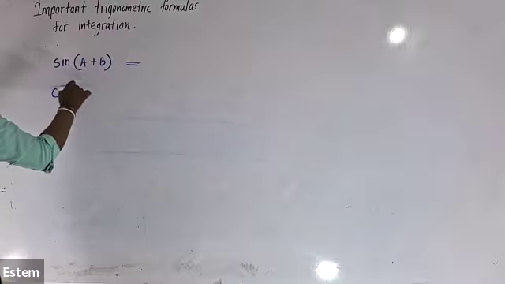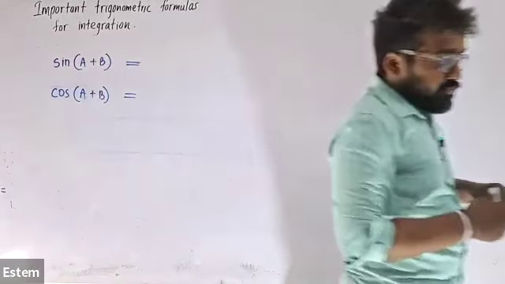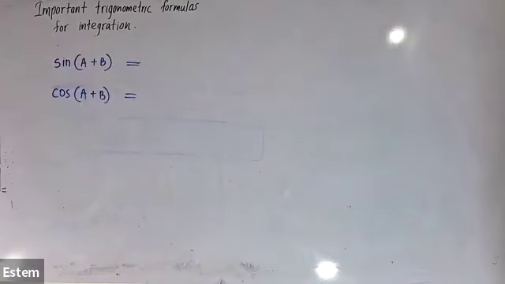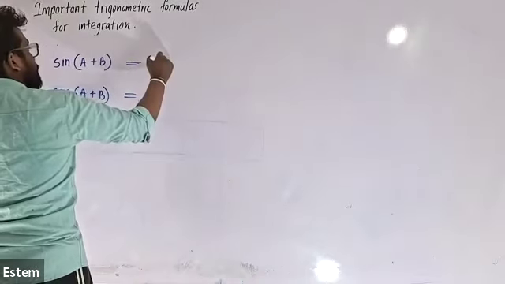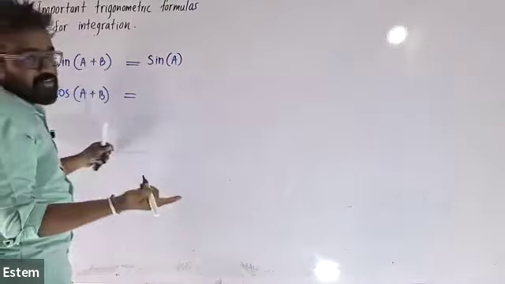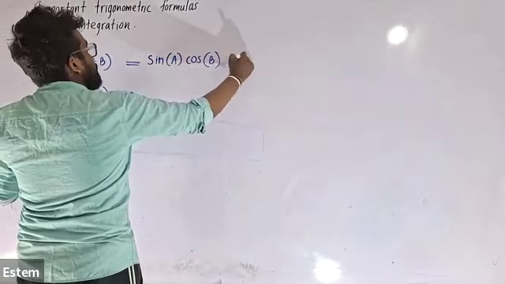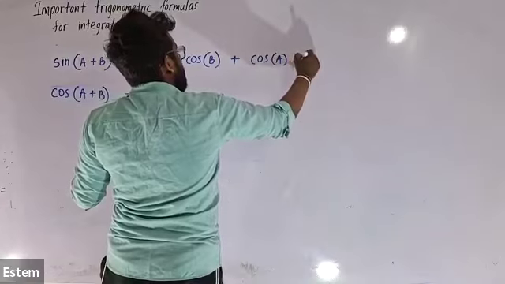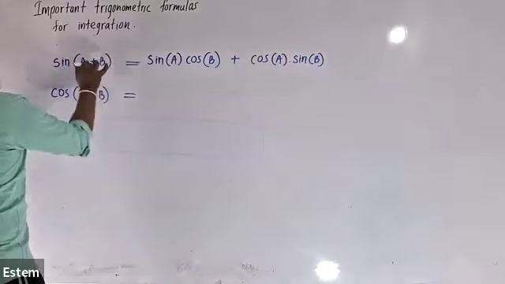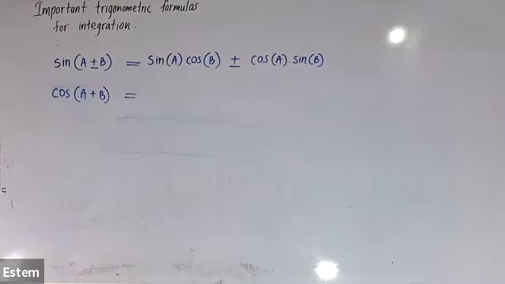We can't write sin A plus B as sin A plus sin B. It is sin A cos B plus cos A sin B. If this is minus, this also becomes minus. That is the way it goes.